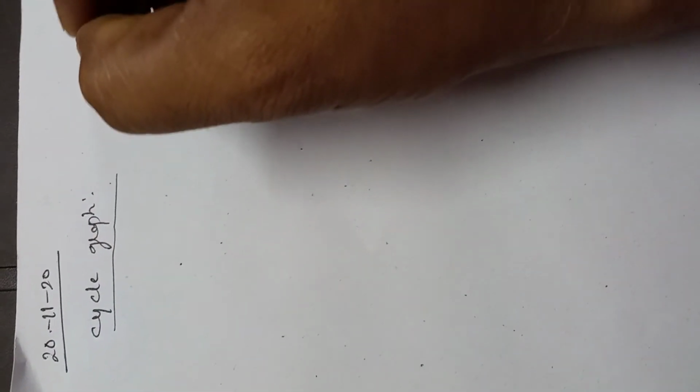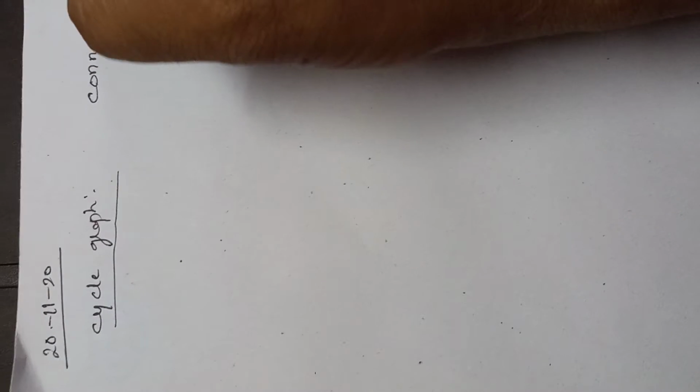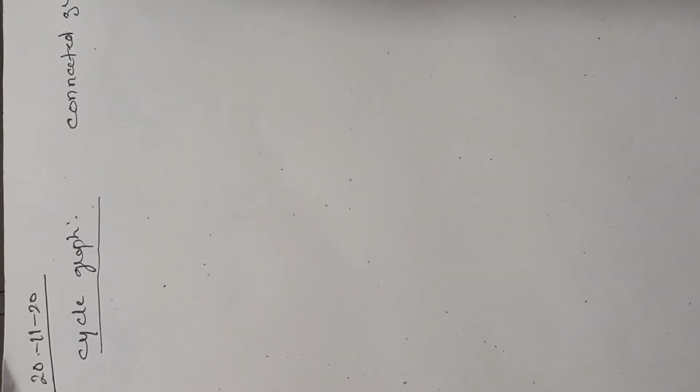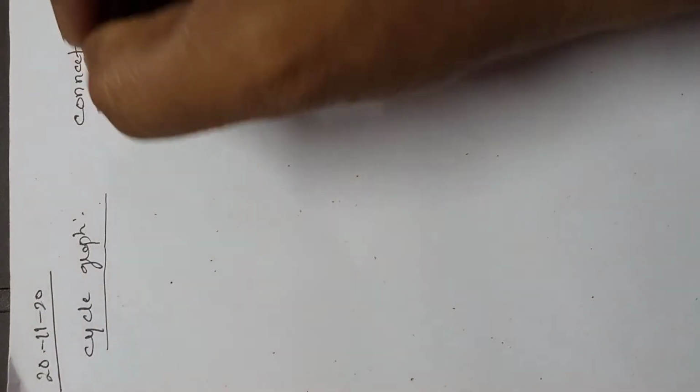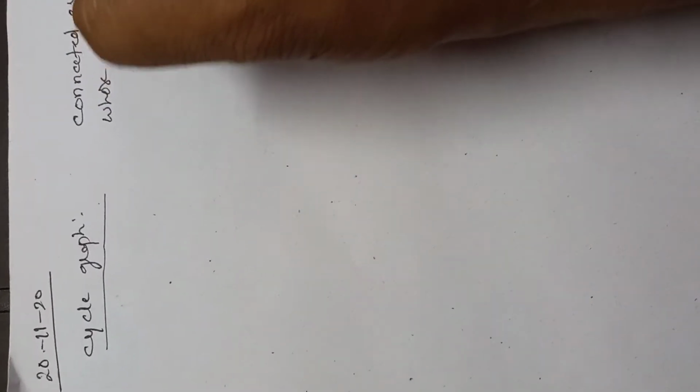Next one is cycle graph. Cycle graph. A connected graph of order n whose edges form a cycle of length n, right?